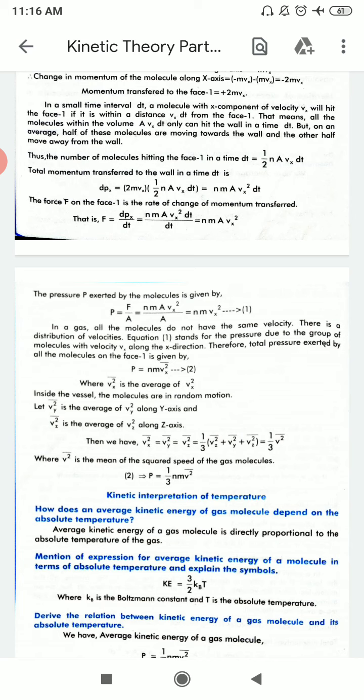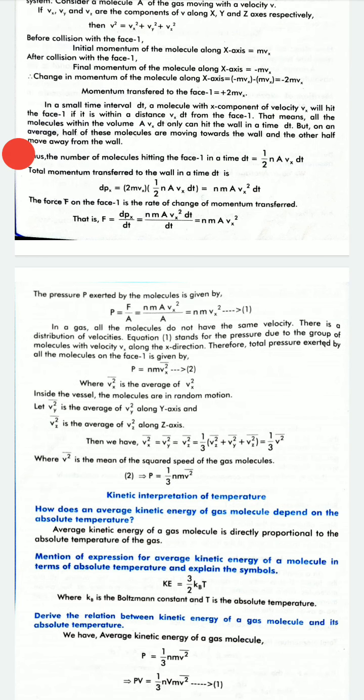Then in a gas, all the molecules do not have the same velocity. They are moving randomly here and there, so there is a distribution of velocities. Equation number 1 stands for the pressure due to the group of molecules with velocity v_x along the x-axis.